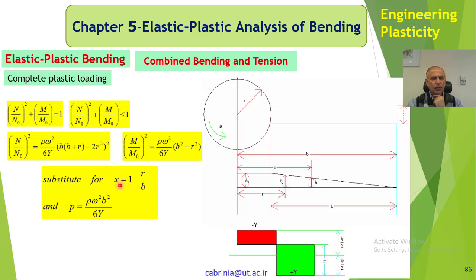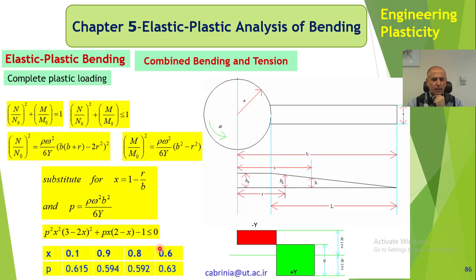And if we substitute for simplification, if I substitute 1 minus r b as x, and this value as p, then I get a simpler relationship like this: p squared equals x squared, and putting values for x, I can get values for p.